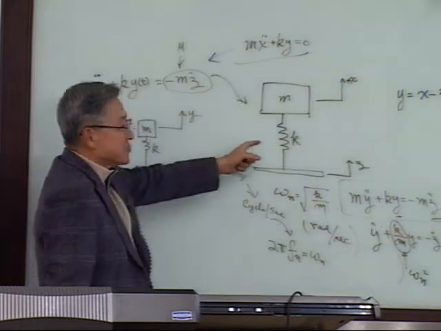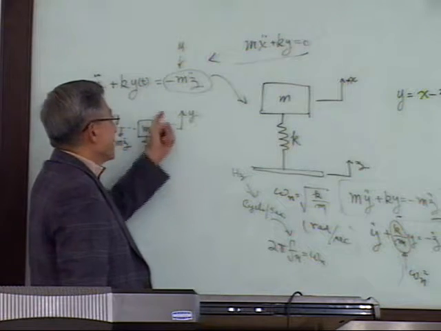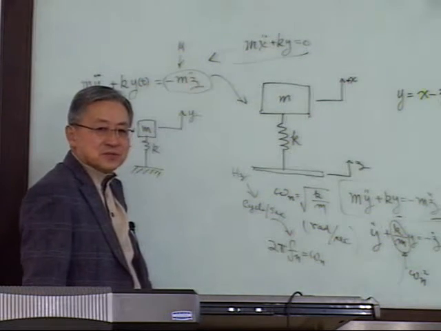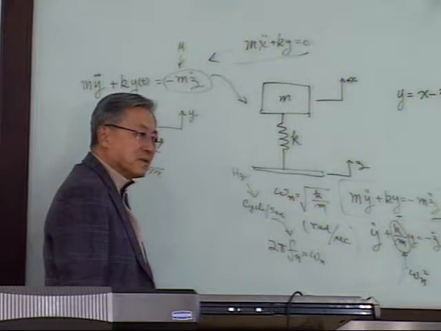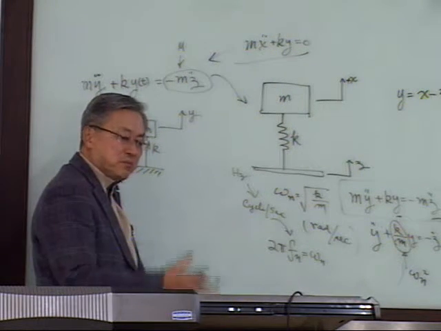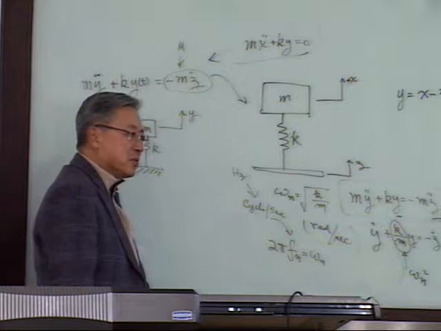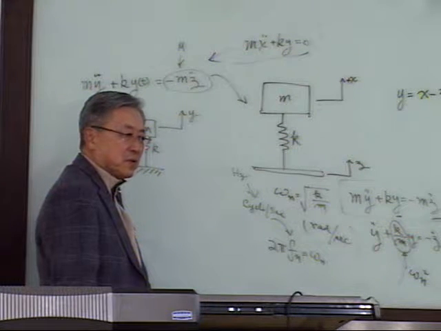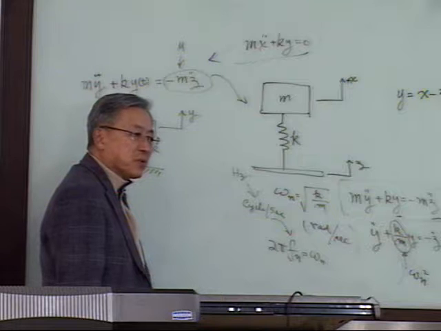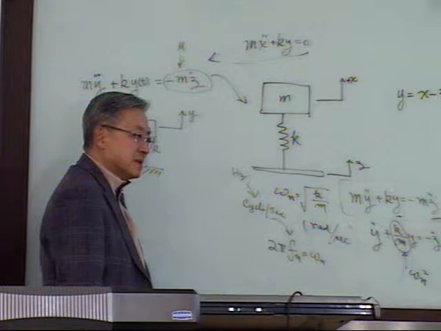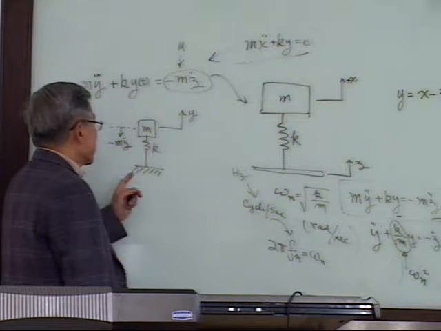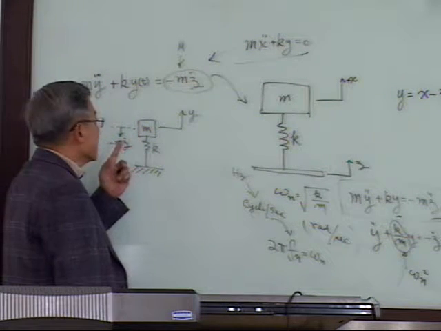We can convert this into this by looking at the equations of motion. Okay, this is all for the basic equation of motion for the shipboard equipment analysis and design. Identical.